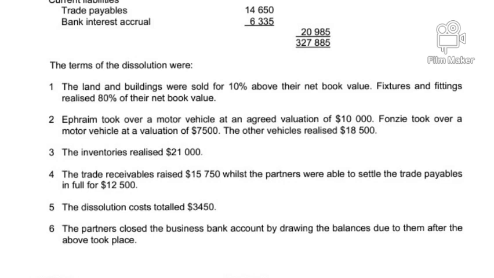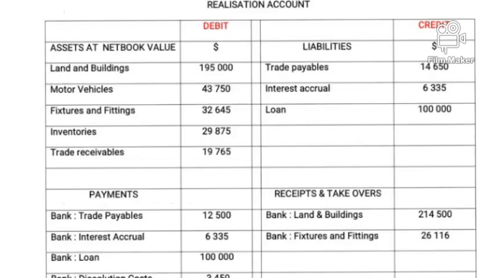Fixtures and fittings were sold at 80% of their net book value. So 80% of net book value means that I'm going to multiply 80% times the net book value of fixtures and fittings, right? So the net book value of fixtures and fittings is 32,645. 32,645 times 80%, I'm going to get 26,116, right?